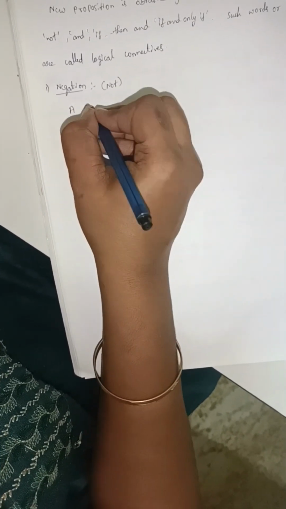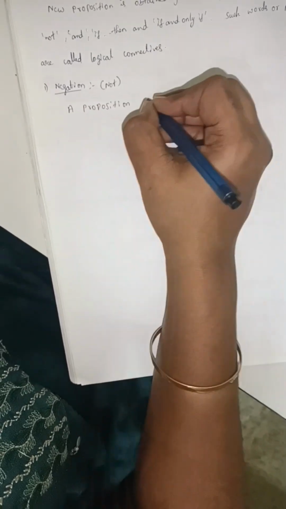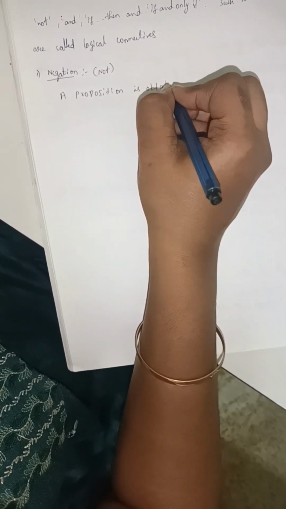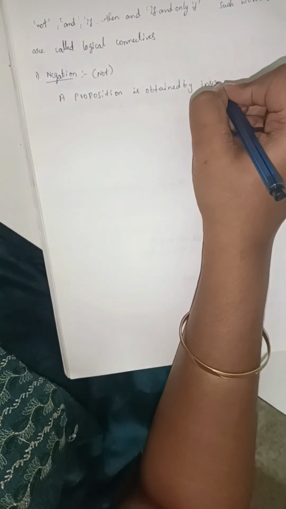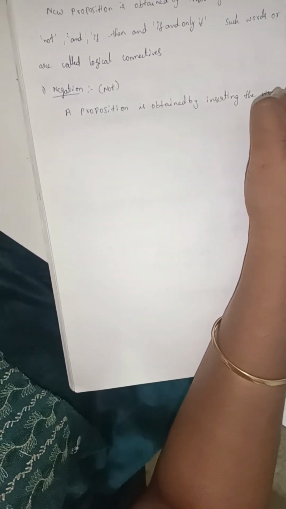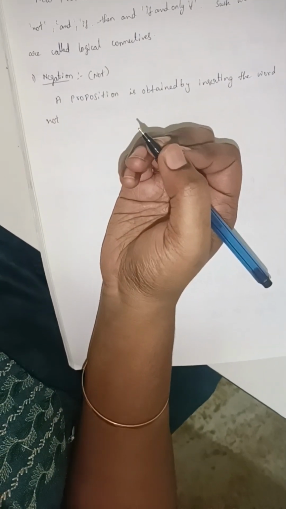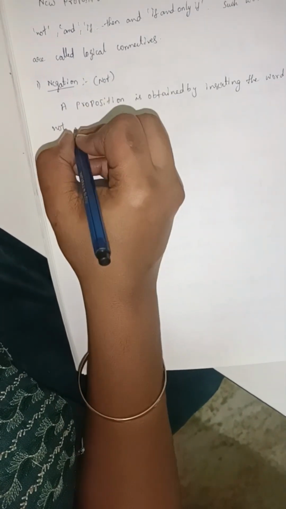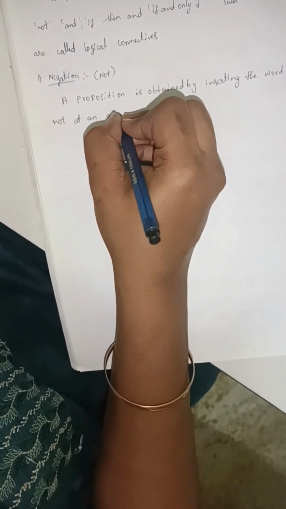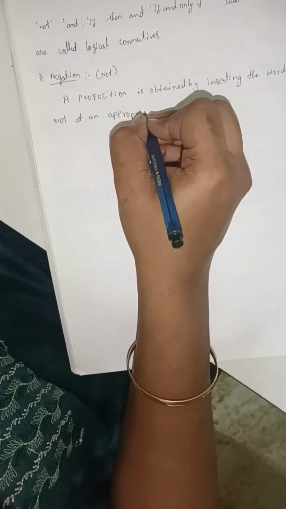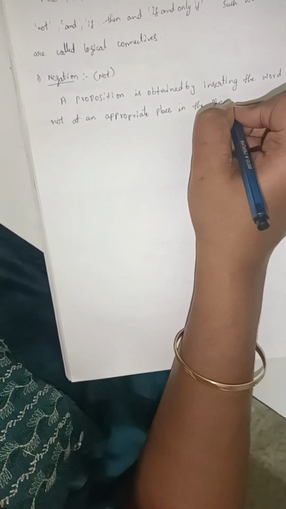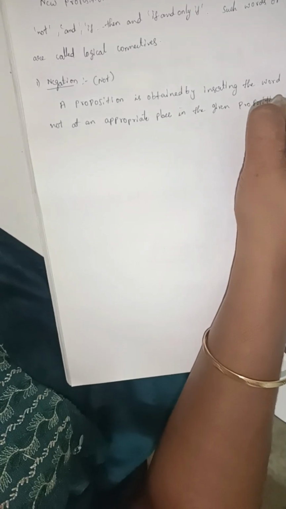Definition: a new proposition obtained by inserting the word not at the appropriate place in the given proposition is called the negation of the given proposition.